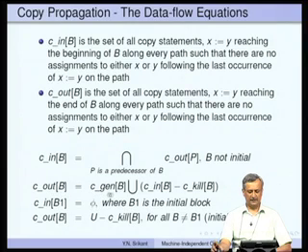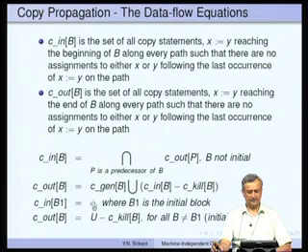Out B is being defined in terms of in B. So, this is a forward flow analysis problem, and this has the same flavor as the available expression problem, which also was a forward flow problem with intersection as the confluence operator. So, as in that case, C in of B1 is φ, where B1 is the initial block.